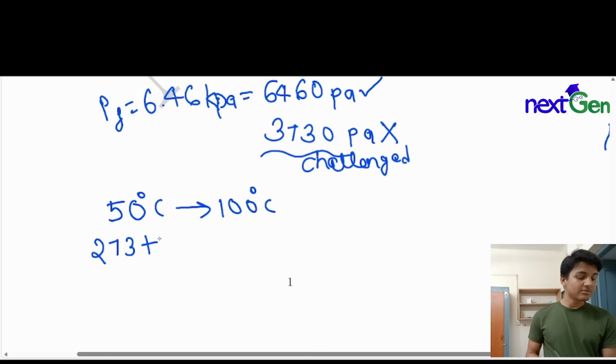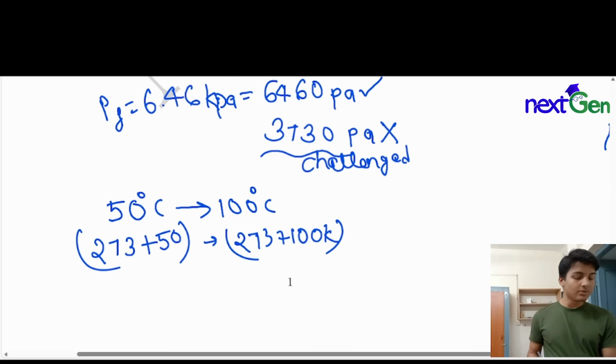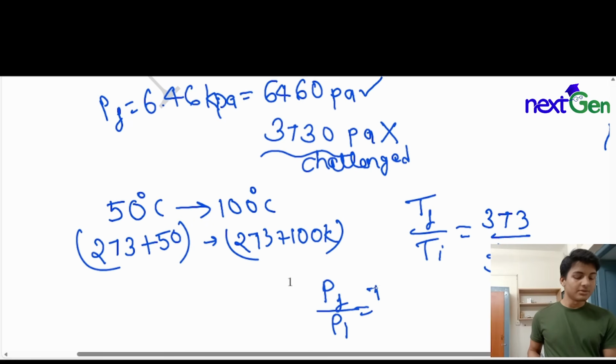So 50 degrees Celsius will be 273 plus 50 Kelvin and 100 degrees Celsius will be 273 plus 100 Kelvin, and you calculate Tf by Ti, it comes out to be 373 by 273 plus 50 gives you 323, and Pf by Pi will be equal to Tf by Ti. Using these two equations, you can calculate Pf comes out to be 3730 pascal.